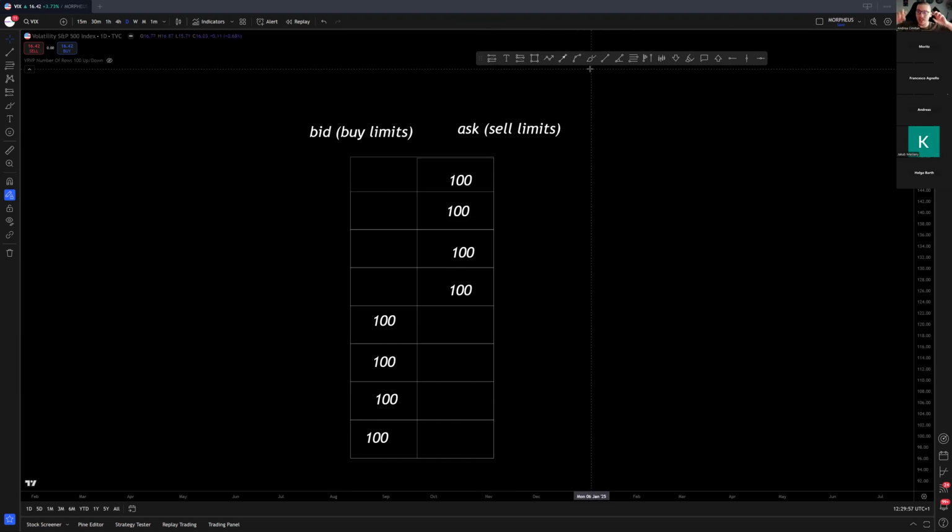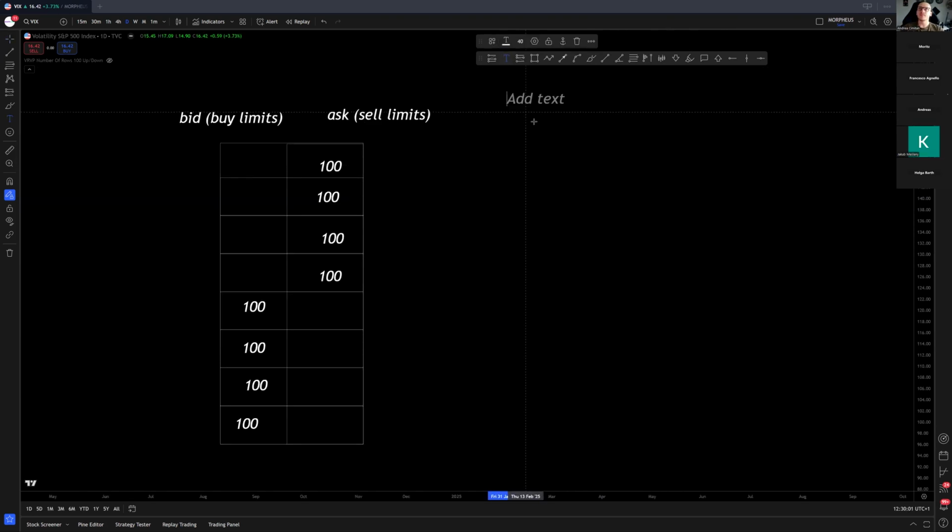What's being sold is orders, whether they're buy or sell. That's why we can say that the supply and the demand is not supply is sell orders and demand is buy orders. We could say that there's a supply of orders, which is buy limits and sell limits, which are the so-called market makers.